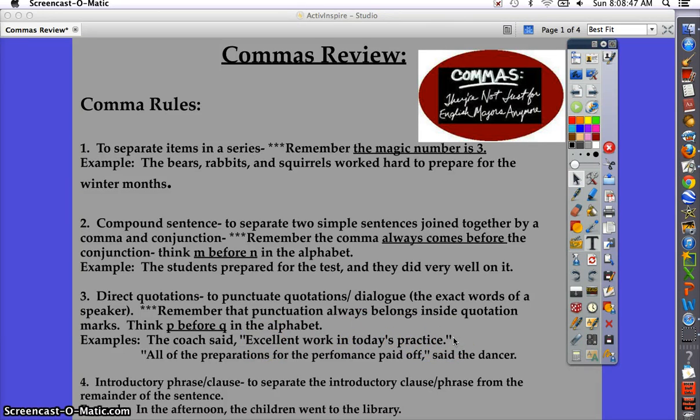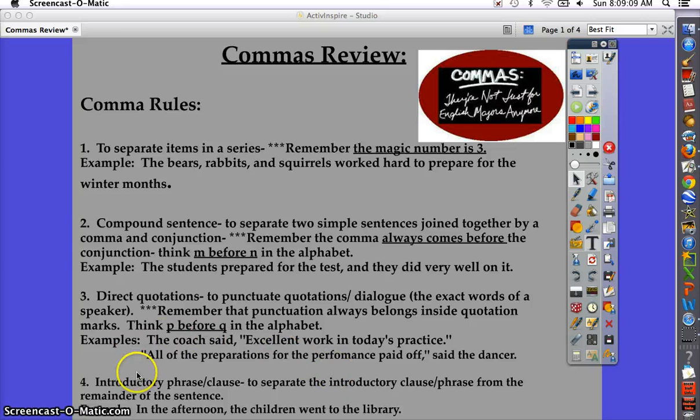You can see punctuation inside of the quote here, punctuation before the beginning of the quote here. Second example: "All of the preparations for the performance paid off," comma, quote, said the dancer. So the quote's at the beginning this time. We still have that comma, though, inside of the quote at the end.